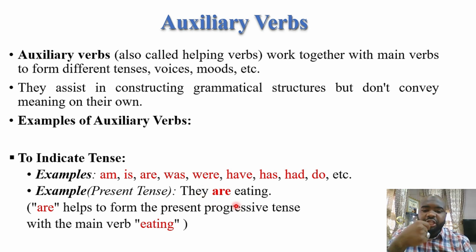The act of eating, putting food in your mouth. So are helps to form the present progressive tense with the main verb eating. They are eating food, they are eating cakes, something like that.